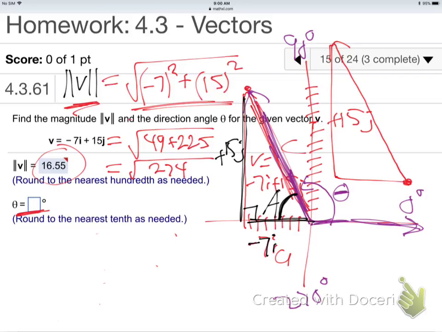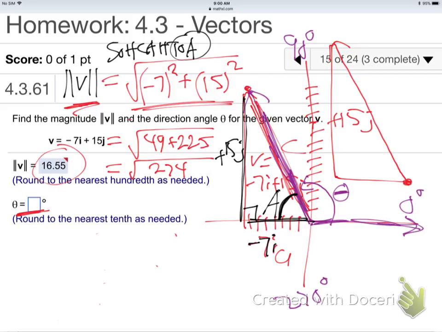So this angle A, once you have a right triangle, once you have a 90 degree, are you getting the hang of this? When you have a 90, you can use SOHCAHTOA. All the unit circle trig stuff we've learned, SOHCAHTOA, that's in right triangles. So I'm in a right triangle, so I can use SOHCAHTOA now. Tangent would be the easiest thing.